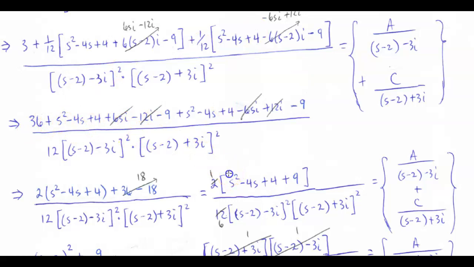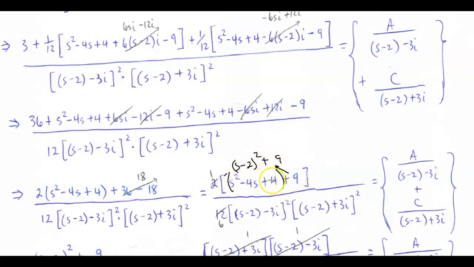So if we come here, these first 3 terms here is just s minus 2 quantity squared. And then, of course, we have the plus 9 from over here. So we see that this is s minus 2 squared plus 9, all of this.